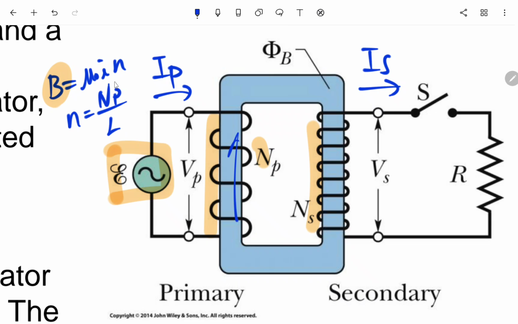Taking the derivative, sine becomes cosine, or cosine becomes negative sine, so it is still sinusoidal here. So it keeps generating induced EMF, and also induced current here. And also according to Faraday's law, this induced EMF or induced current will be proportional to this NS.